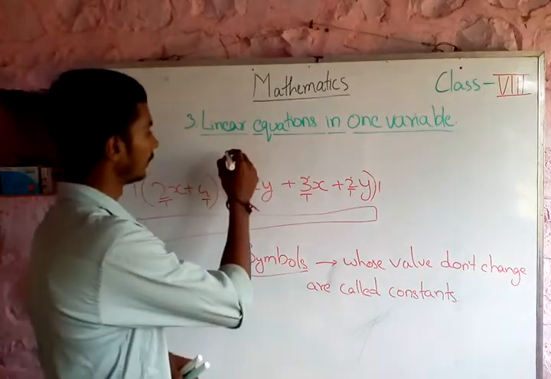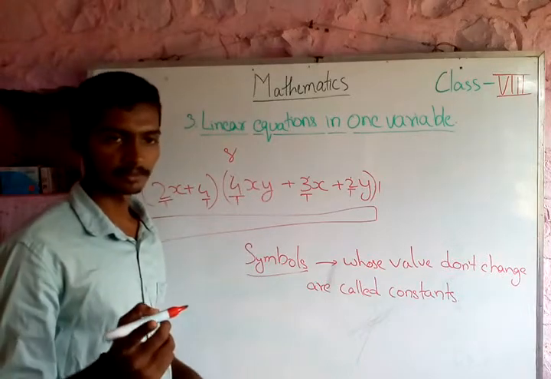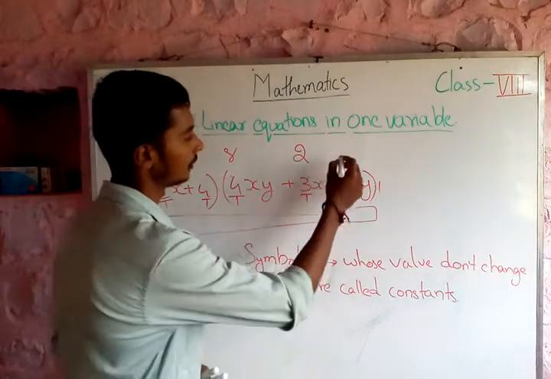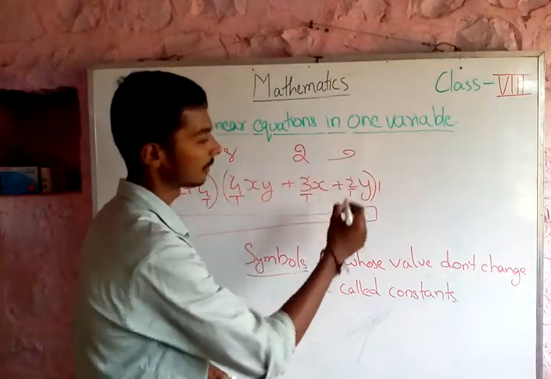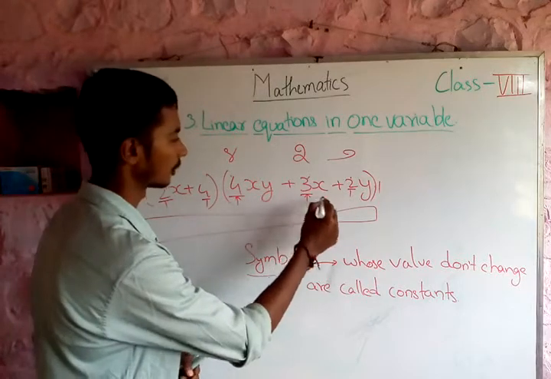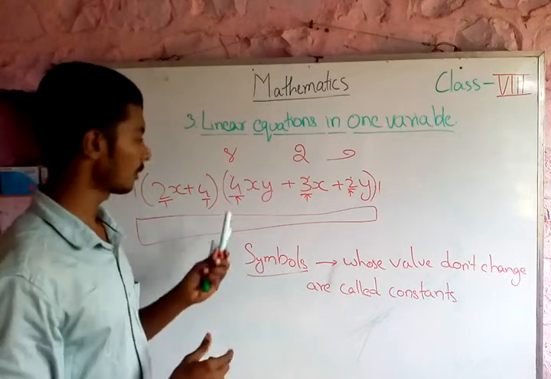For example, in Kannada, 4 is represented like this, and 3 is represented like this, and 2 is represented like this. So these are also symbols, and their values don't change, which means they are constants.